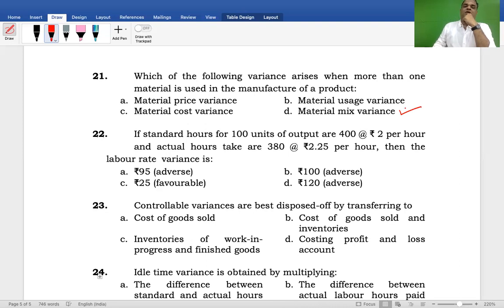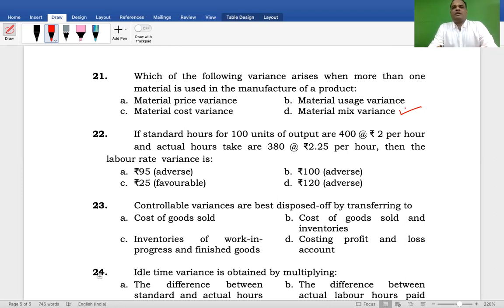Now you have to compute. Standard hours for 100 units of output are 400 at the rate of 2 rupees per hour. Actual hours taken are 380 at the rate of 2.25 per hour. Find the rate variance.